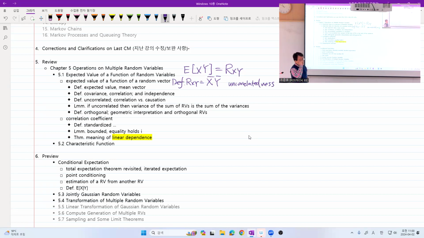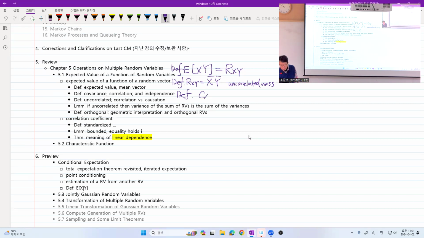Now, this name looks strange. What is uncorrelated? This is correlation, and correlation becomes the product of means. I try to understand that, but actually it is more related to the covariance.